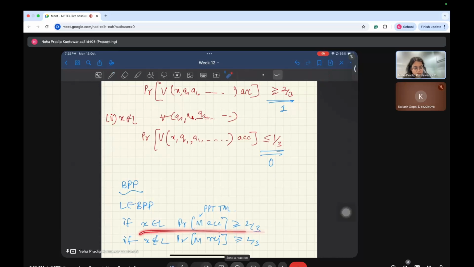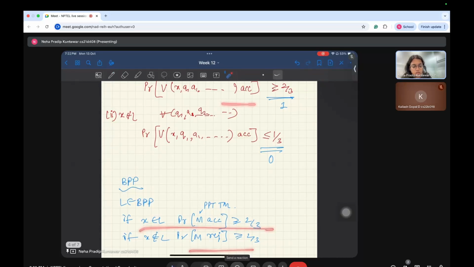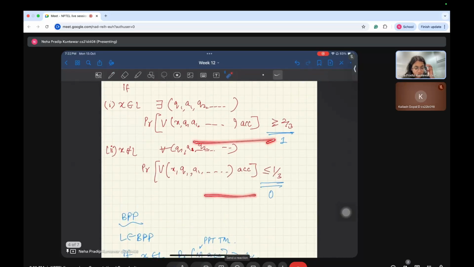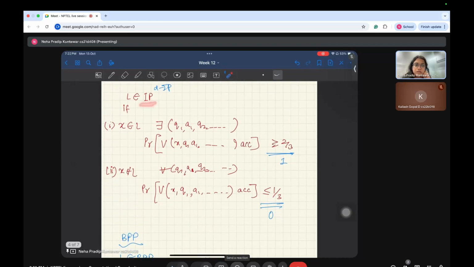So these two conditions seem very similar to IP. Could it be that BPP is indeed equal to IP, or if not, is any containment known?